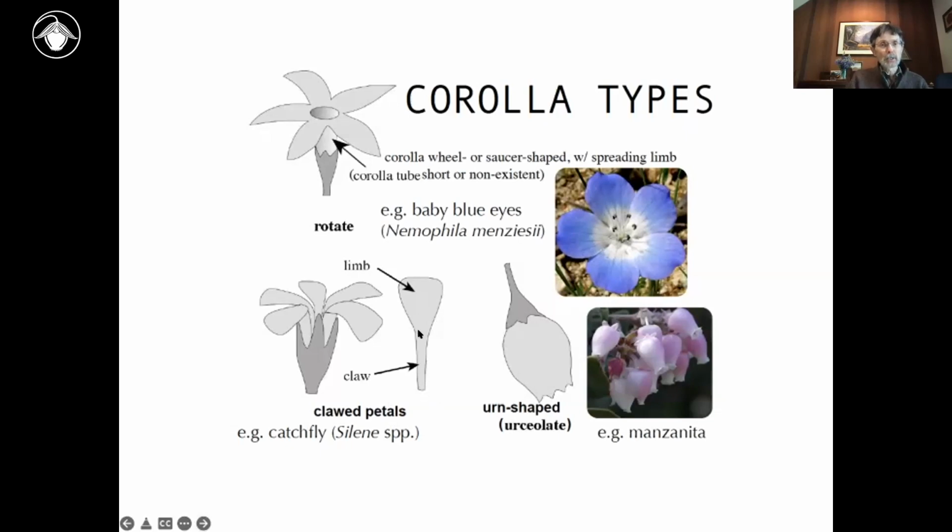And petals sometimes have a narrow basal region and an expanded apical, or distal, region, in which case the basal region is often referred to as a claw, and the tip is referred to as the limb, the expanded part. And that term I was using up here as well for the expanded part of the corolla.